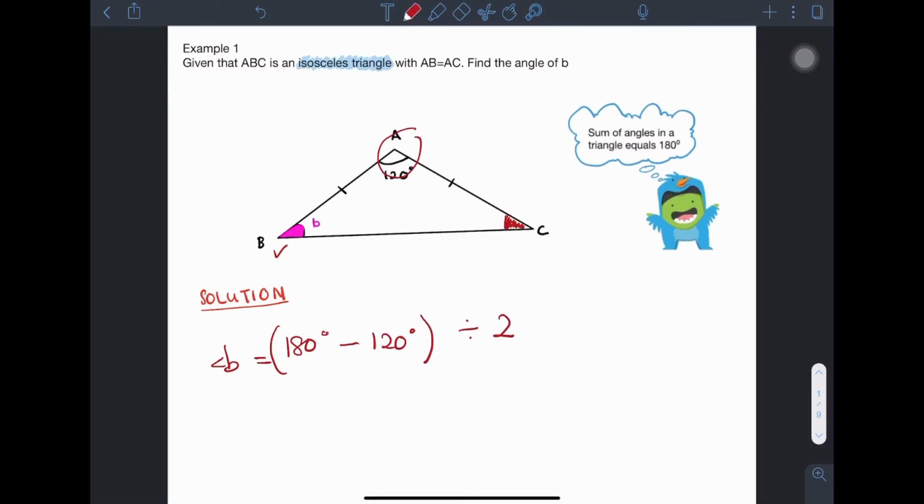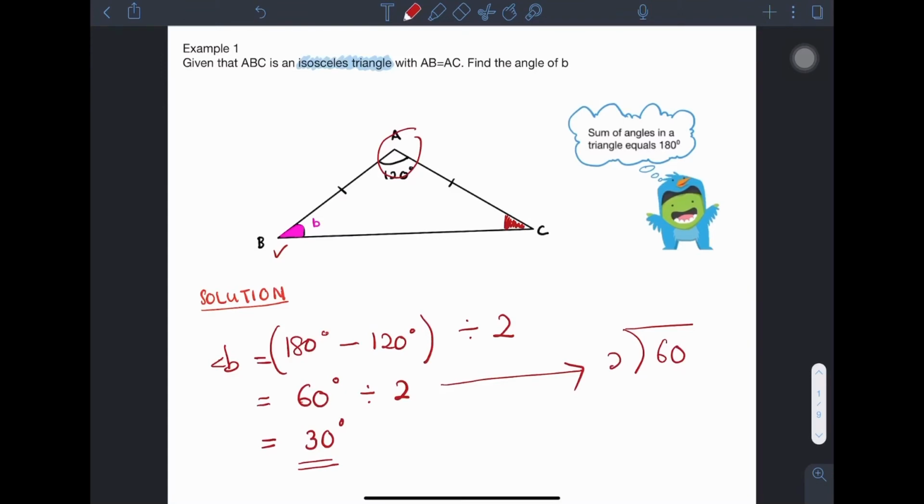So 180 minus 120, you will get 60 degree. You divide by 2, and when you divide 60 by 2, you will get 30 degree. So 30 degree is actually the angle of B. If you're not sure how to divide, you can always do long division.